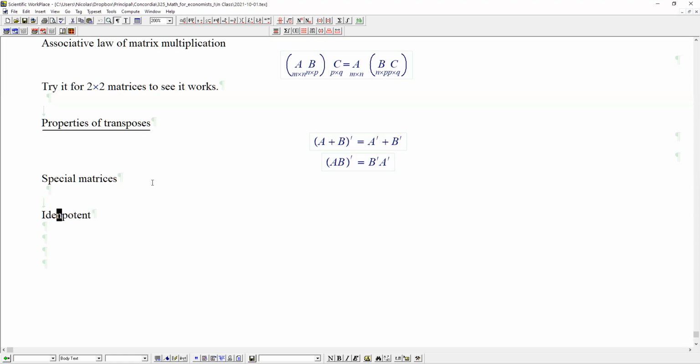Idempotent. I have a doubt. Is it idem or idempotent? Yeah, idempotent. So it's AA equals A.